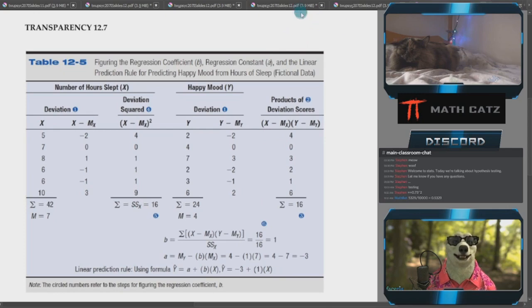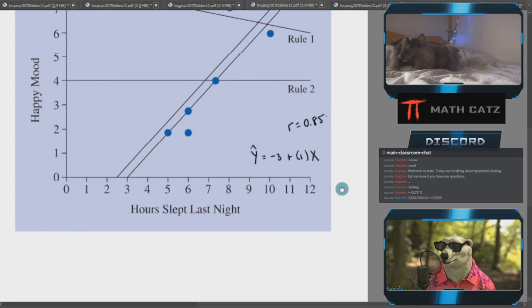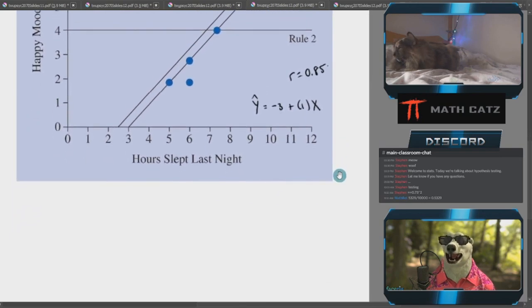Let's write that over here. Best line, predictor line, is -3 plus 1 times X. And I can use that for a variety of things. Let's write over here and say, let's make a prediction here.